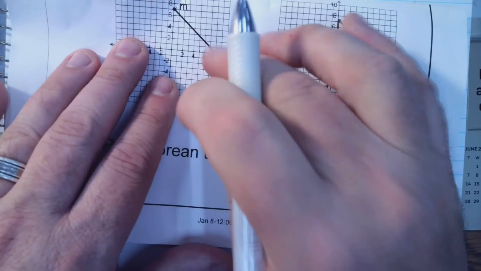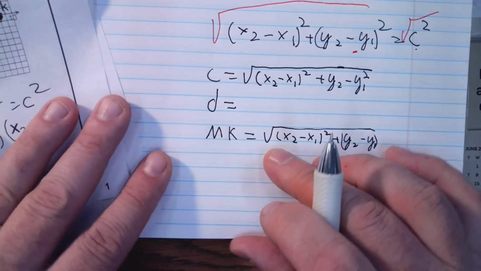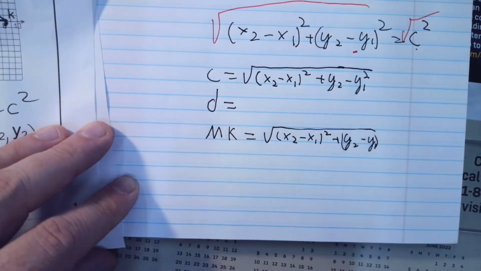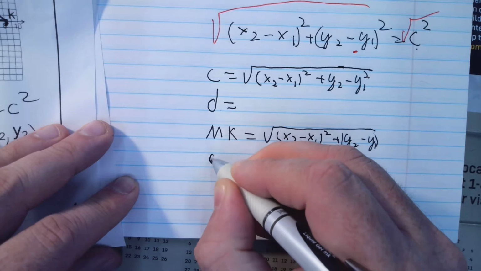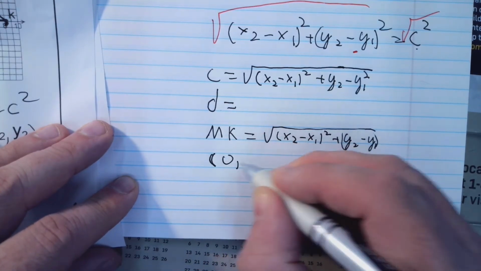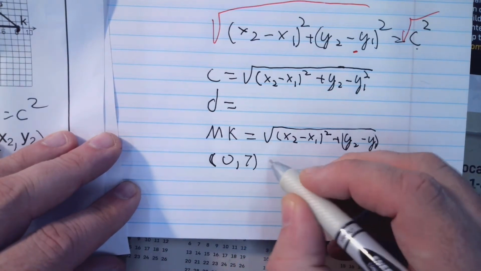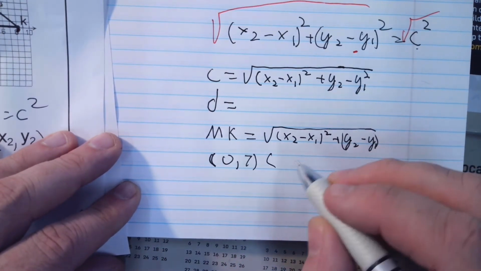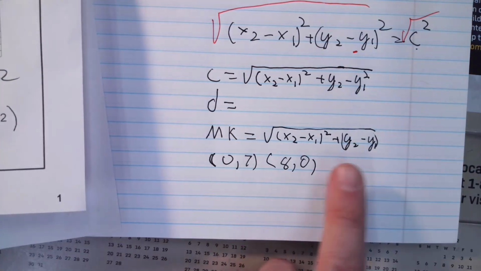And again, the graph is kind of hard to read, so I'm going to write you the points. Let's see if we get the same answer. And then we're going to practice this a little bit. So the points on here are, let's see here, 0, 7. And the point on here is 8, 0. Let's see if we can find the distance between those 2 points using this formula.